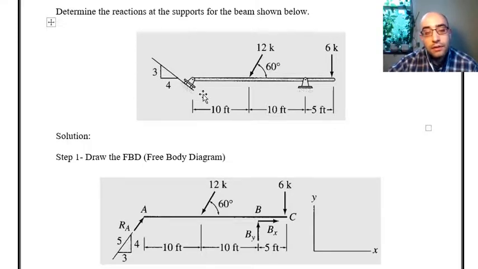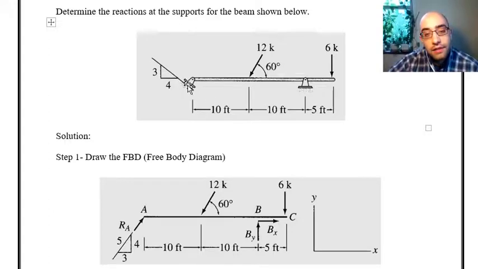It has an angle with respect to the horizontal line, and also we have a hinged support over here on the right side. Based on the definition of these supports, we know that for a roller support we only have one reaction, and that reaction is perpendicular to the plane that the support is located on.